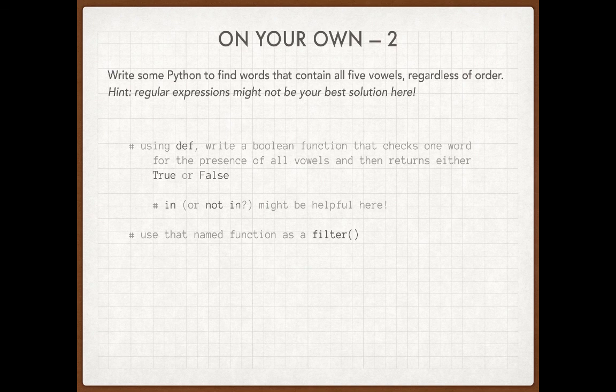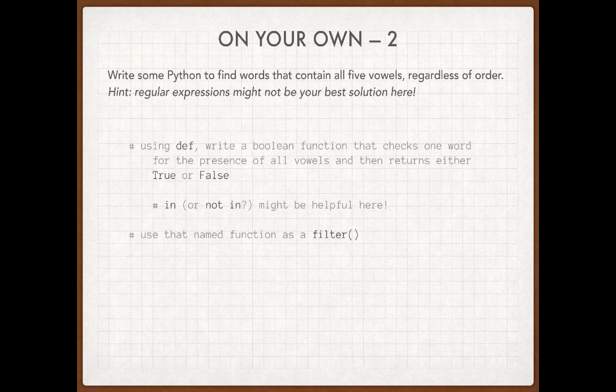So we want to find the words that contain all of them regardless of the order in which they occur. Now, regular expressions is probably not the best solution on this one because regular expressions assume an ordered sequence of characters. So you would have to write a different regular expression for every possible combination of those letters, and that's just a little too far for us.